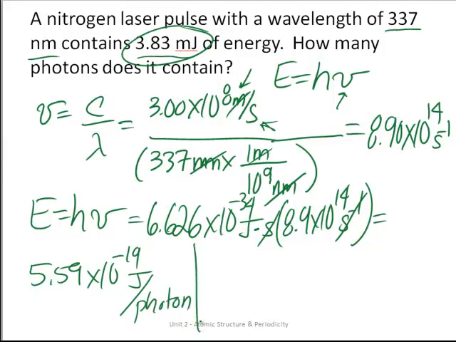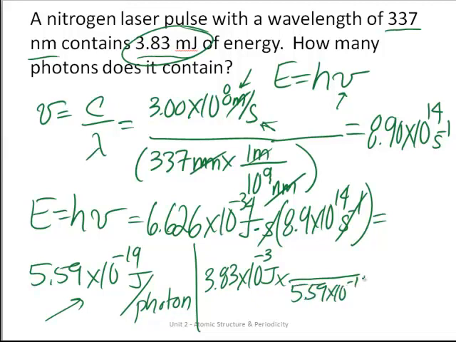Now if we take our 3.83 millijoules, that would be 3.83 times 10 to the negative 3rd joules, and we use this with a conversion factor, 5.59 times 10 to the negative 19th joules per 1 photon.